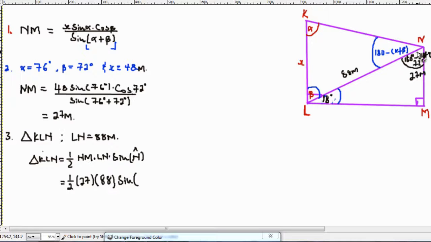So you get 72 degrees as the size of angle N. If you punch all this in your calculator, you will get that the area of the triangle is 1129.855 meters squared.